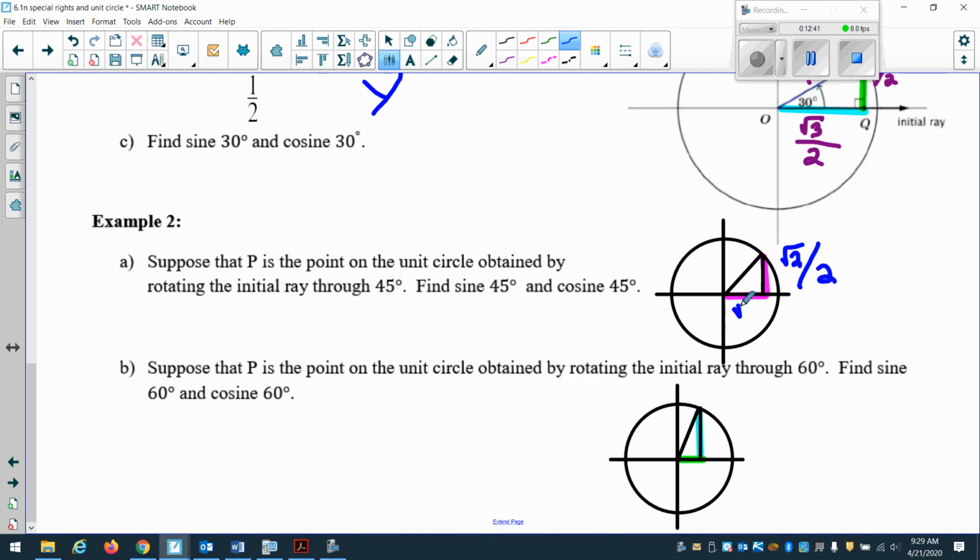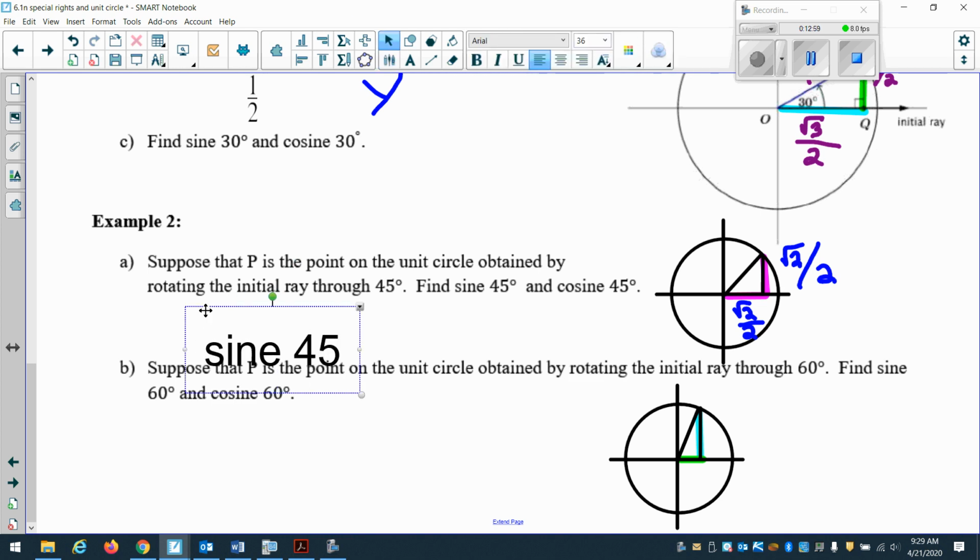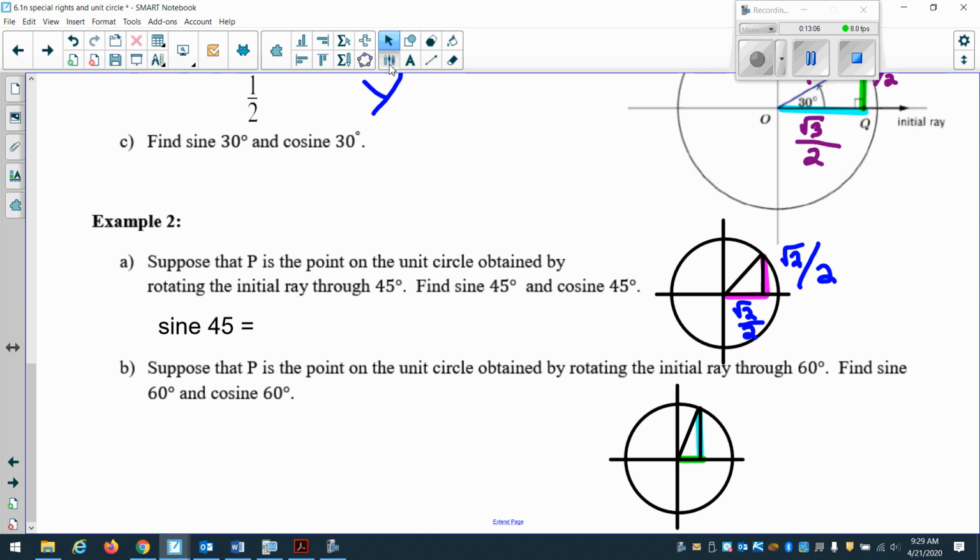The same thing here, √2/2. So if we're trying to find the sine of 45 degrees, opposite over hypotenuse, so the sine of 45 degrees equals √2/2.